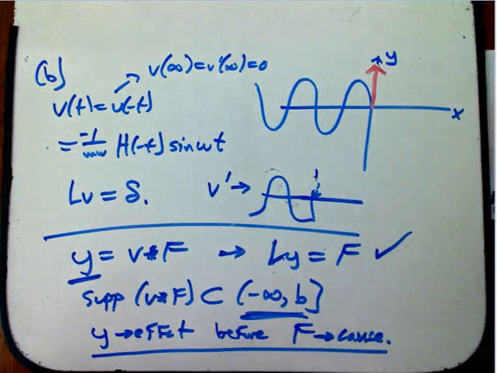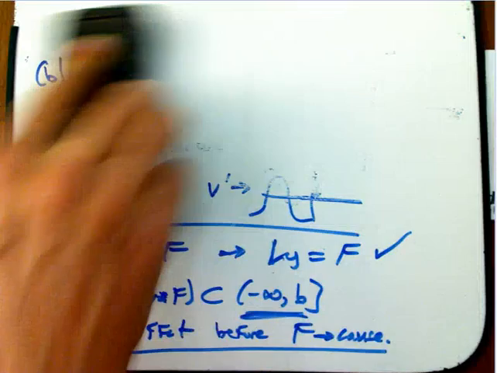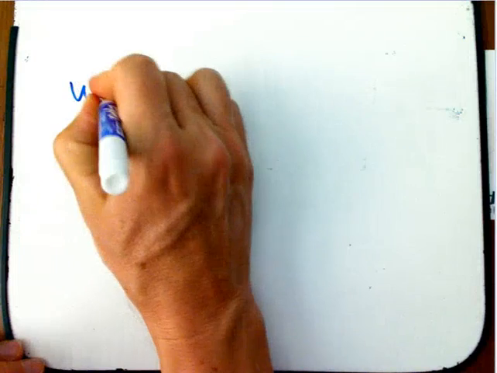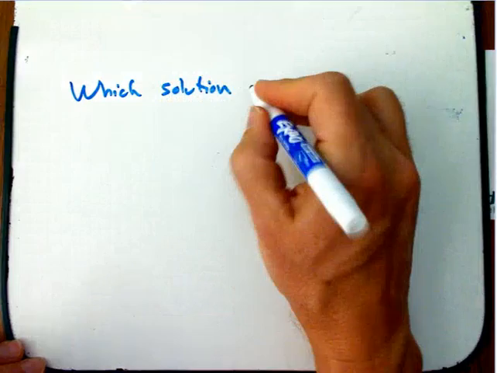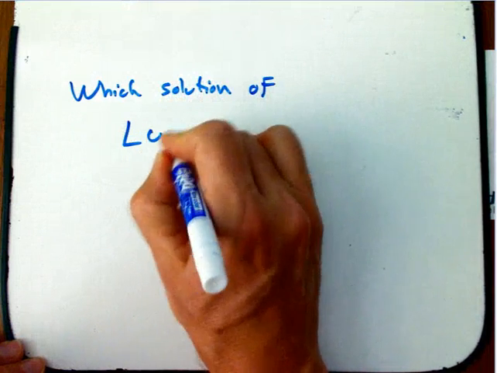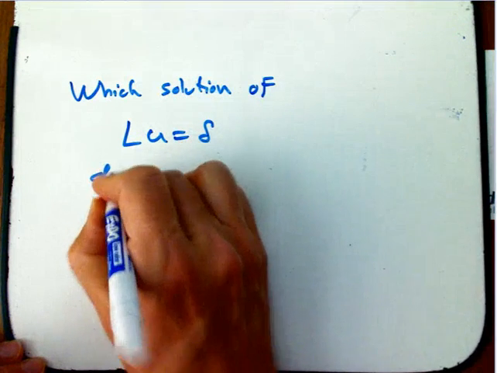So the point here is that things like boundary initial conditions and questions about support can have deep meaning, and can really pick out which solution of Lu equals delta I want.